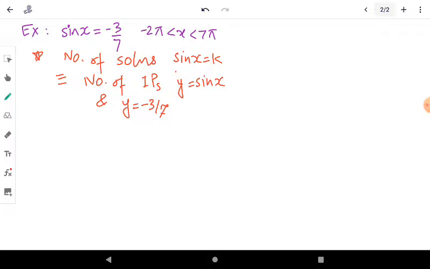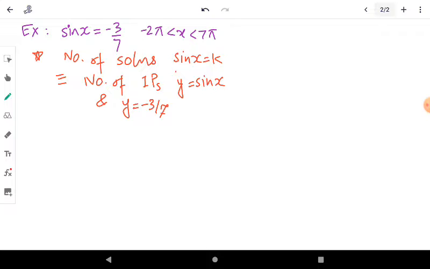Okay, so what we will do, we will draw the graphs of this starting from minus 2 pi and then till 7 pi. We can draw the graph like this.